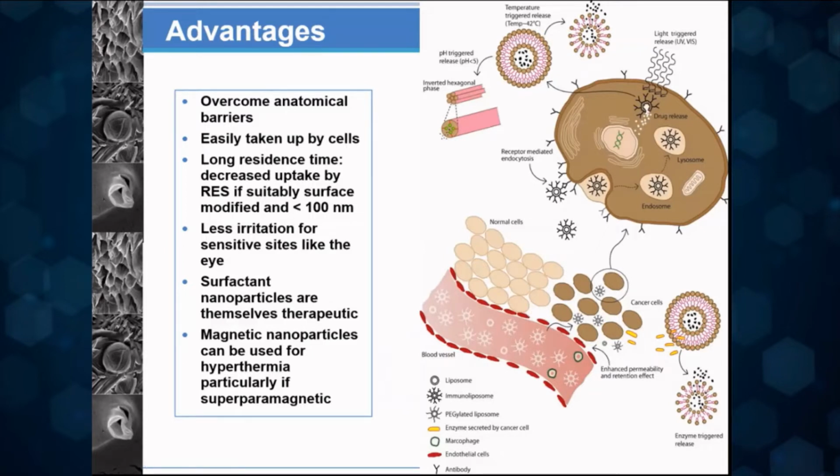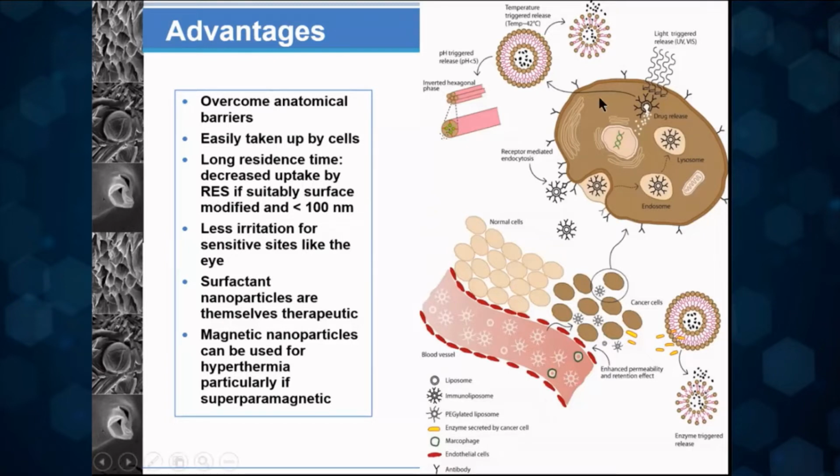So the normal capillaries have very closely packed endothelial cells, whereas the capillaries associated with tumors are poorly formed and they have gaps between the endothelial cells. So the concept here is to passively cause a movement of these particles through the gaps of the endothelial cells to cause a preferential accumulation at the tumor site.